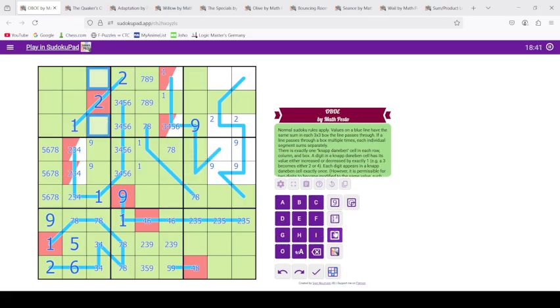These are also 5, 6, 7, or 8. This is 7, 8, or 9, but definitely a 9 there. 1, 3, 6, or 1, 4, 5.